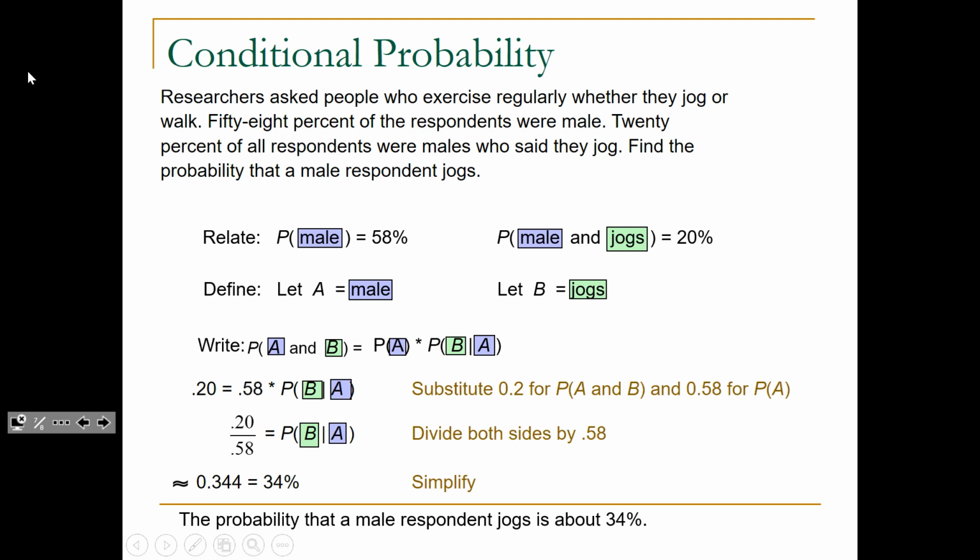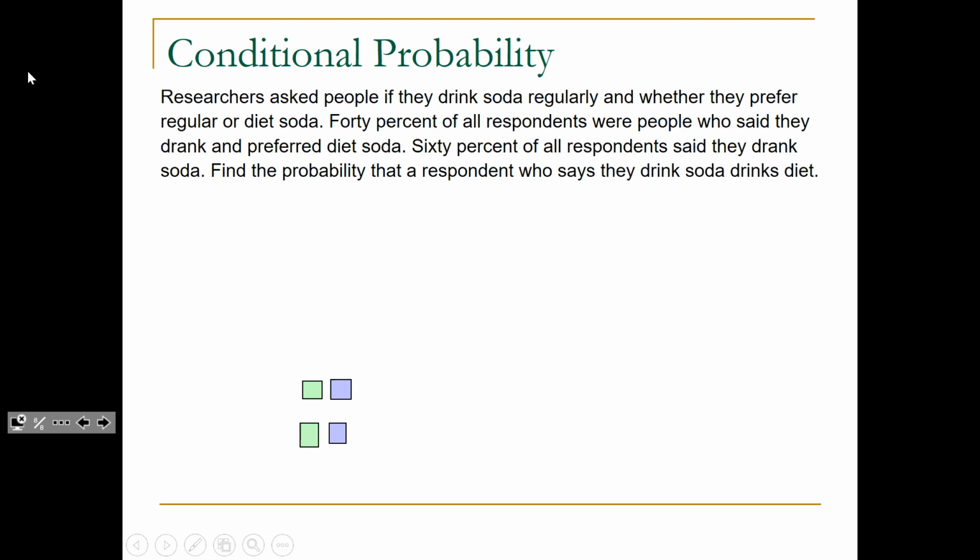Okay, the next one says that researchers asked people if they drink soda regularly and whether they prefer regular or diet soda. 40% of all respondents were people who said they drank and preferred diet soda. 60% of all respondents said they drank soda. Find the probability that a respondent who says they drink soda drinks diet.